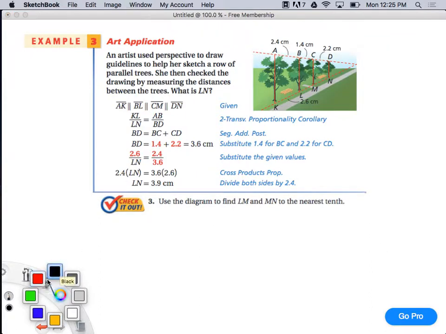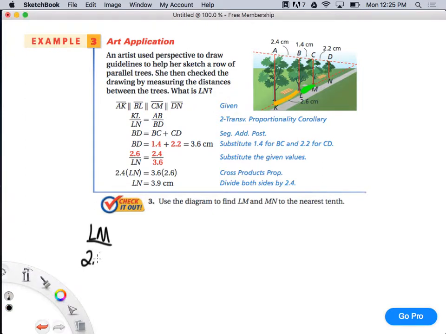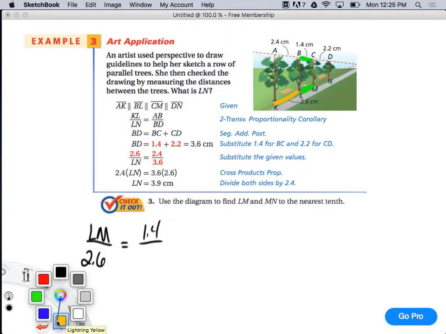All right, so let's take a look. We have LM here. That's our first side. LM over this side here, 2.6, has to equal the corresponding part on the other line. So that's 1.4 over 2.4.